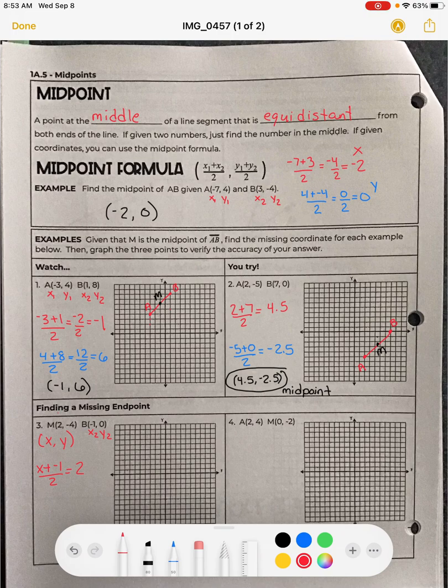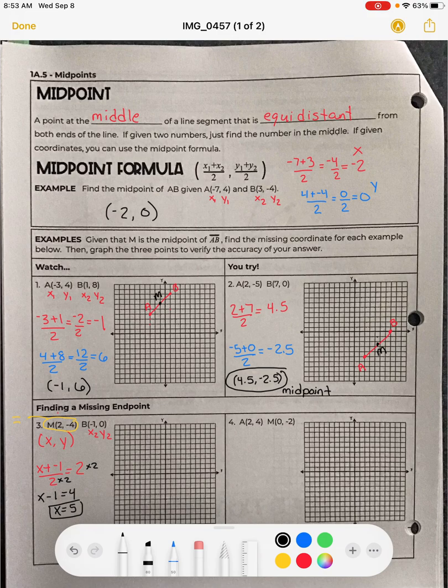To solve a problem like this, you multiply by 2 on the other side to get rid of the 2 on the bottom. So x plus negative 1, or x minus 1, equals 4. So the x value equals 5.